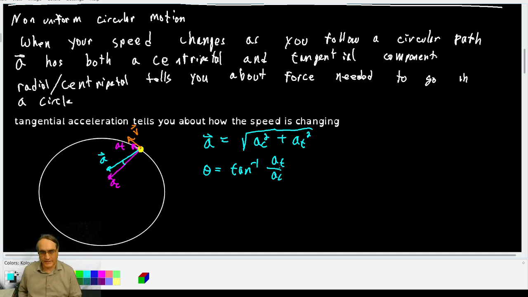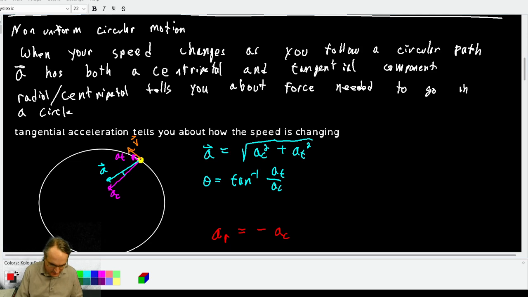All right, last thing I want to mention, our textbook has sort of a weird definition. It says the radial acceleration is the negative of the centripetal. The reason why is actually logical.